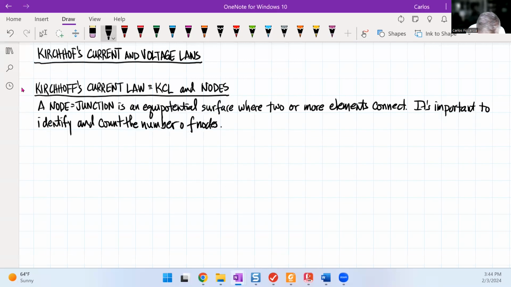So let's practice that. So imagine that we have these examples here. And so what we're really trying to do here is that we're going to ask the question, how many nodes are in the circuit?